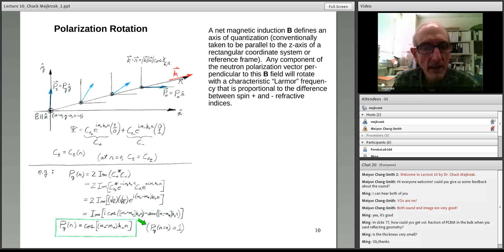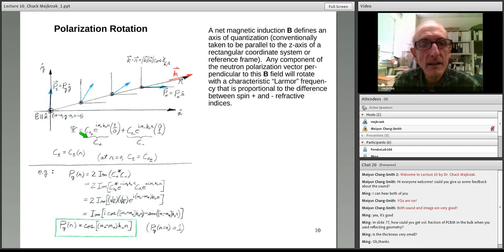Okay, so we can think about polarization rotation. Since the polarization is described by a vector in real space, then depending on how the fields are applied and how the beam is polarized, we can create situations where we have a polarization in one direction, say along the y-axis, and then by the application of a field orthogonal to this, let's say sticking out of the plane of the slide, we can effect a rotation that takes the neutron polarization from pointing along the y-axis over some distance or time to pointing along the x direction.